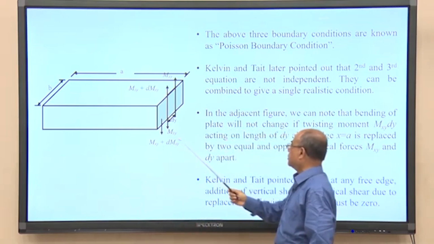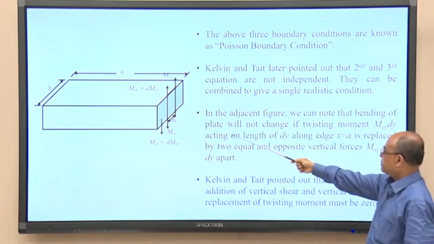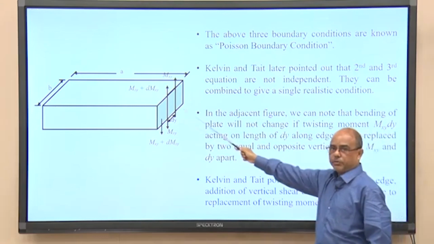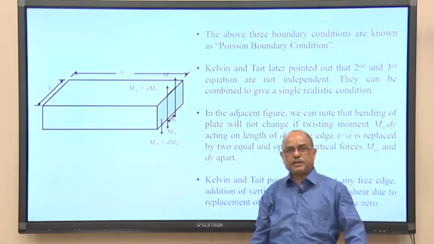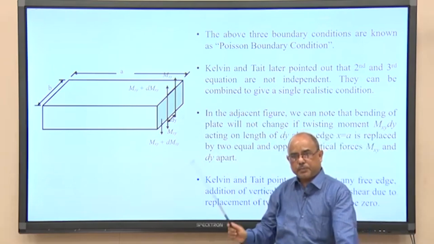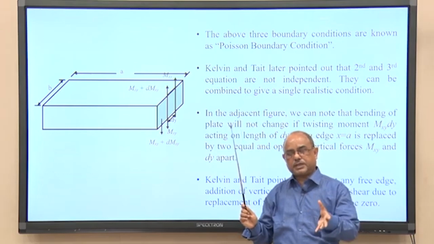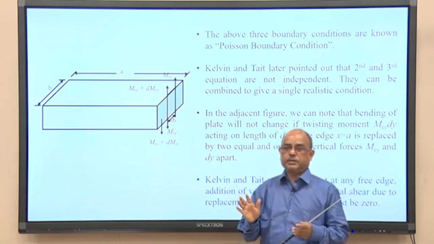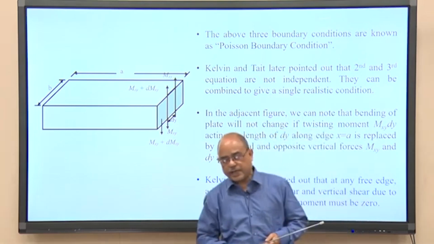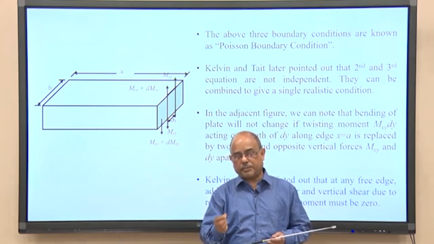In the adjacent figure we see the twisting moment mxy acting on an element dy, because all quantities in the plate are quantities per unit width, that you remember. Whatever stress resultant, these are per unit width. So, mxy is also per unit width. If it acts on a length dy, the total twisting moment on this length will be mxy dy.